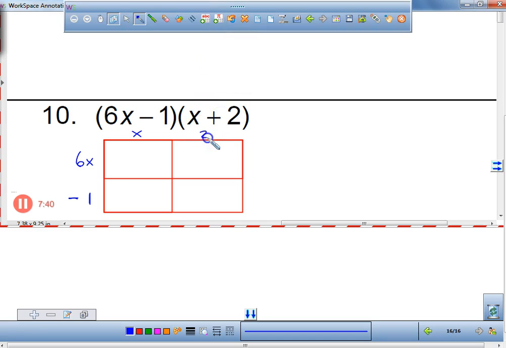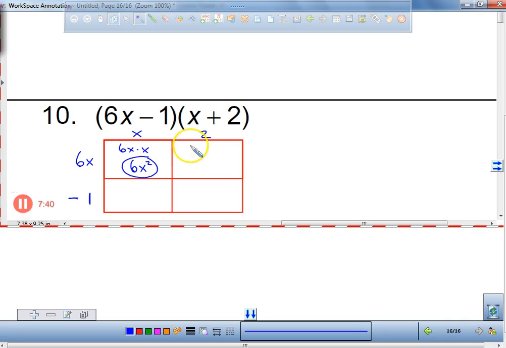Now, this might look familiar to something that we've done already, so this is how you can multiply binomials. We can multiply the area of each little section. So right now, this is going to be 6x times x, which becomes 6x squared. That's the area of this little rectangle. The length and the width of this rectangle is 6x times 2, which gives us a total of 12x.